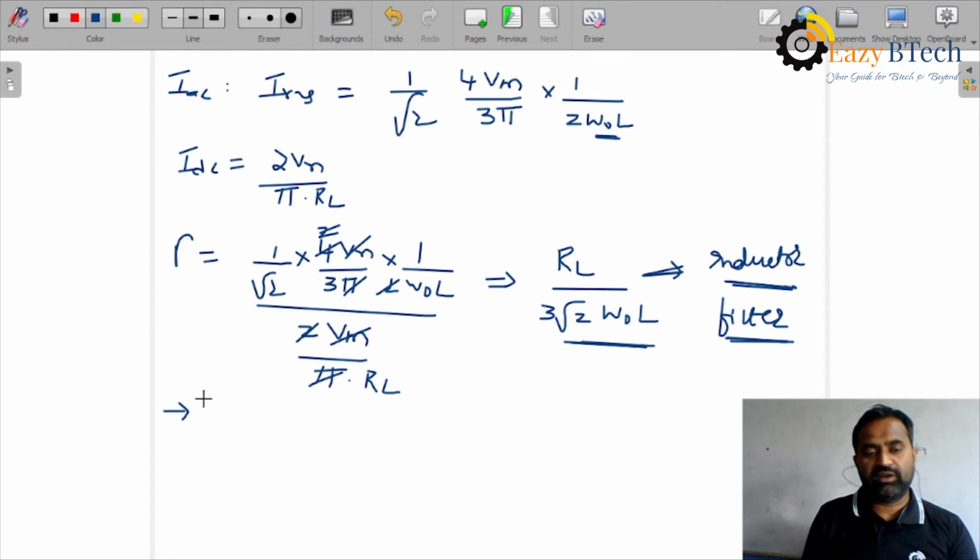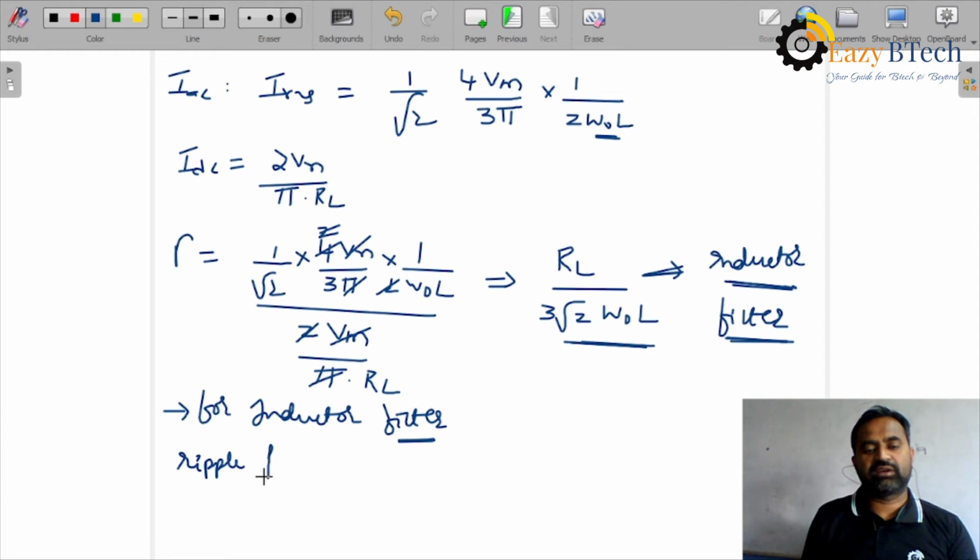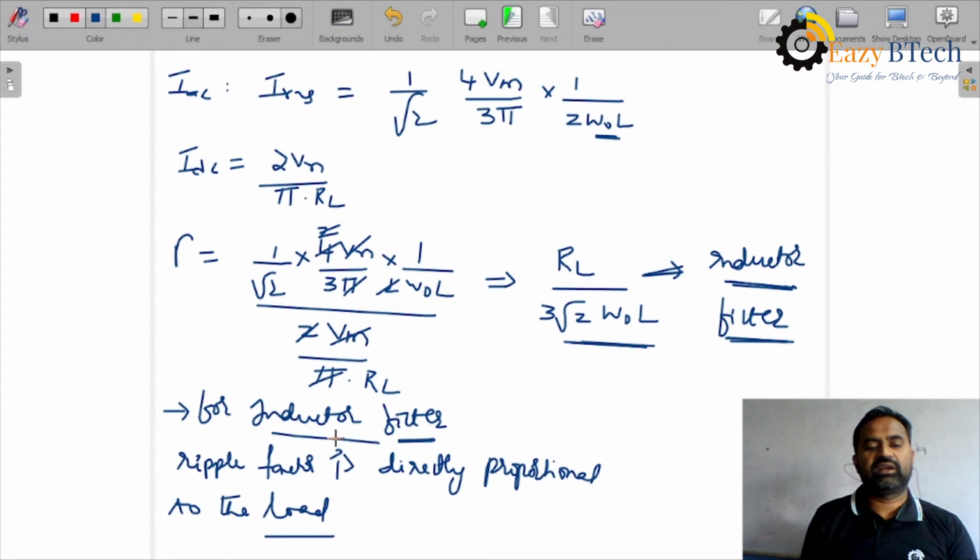Now you can write: for the inductor filter, ripple factor is directly proportional to the load.